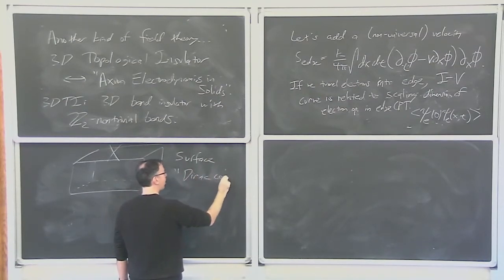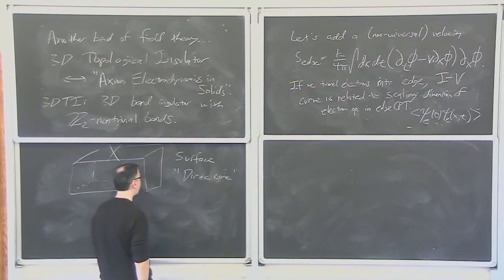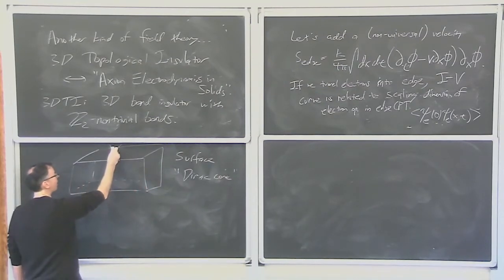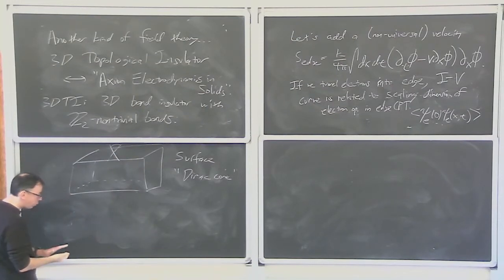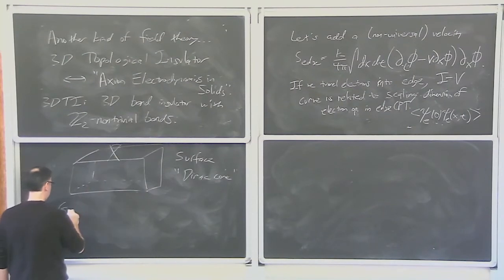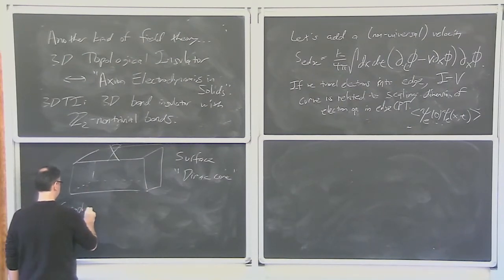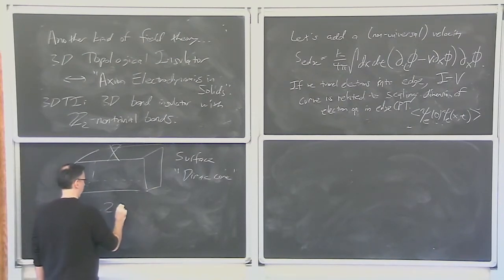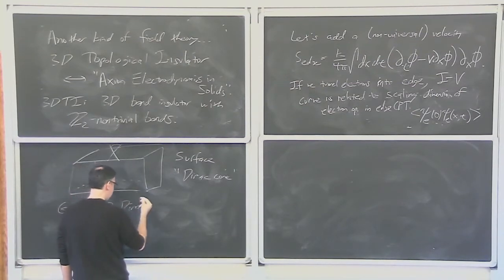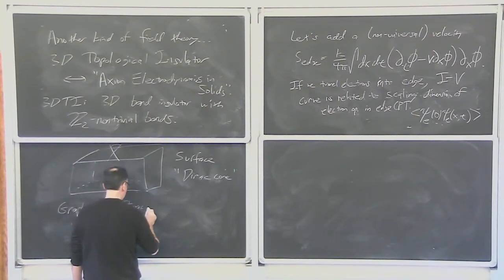And to be precise, they're an odd number, and let's just take the odd number to be 1. So the surface state is kind of like 1/4 of graphene, where if you've ever studied graphene, that's a 2-dimensional material which has 2 Dirac cones. In other words, there's K and K prime. They're 2 momentum points with a Dirac cone.